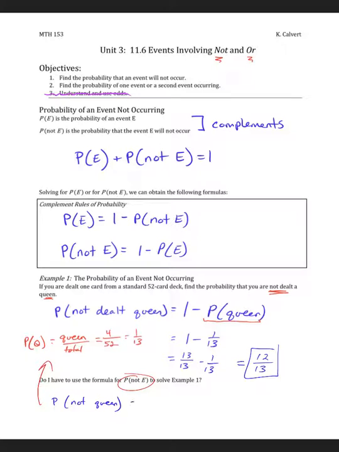We would just find how many cards in the deck are not a queen and divide that by the total number. Well, in a deck of cards, we know that 48 of the cards are not queens out of a total of 52. Simplify that, you get 12 out of 13. So you can see that we are getting the same answer no matter which approach you choose. Okay, moving on to the next page.